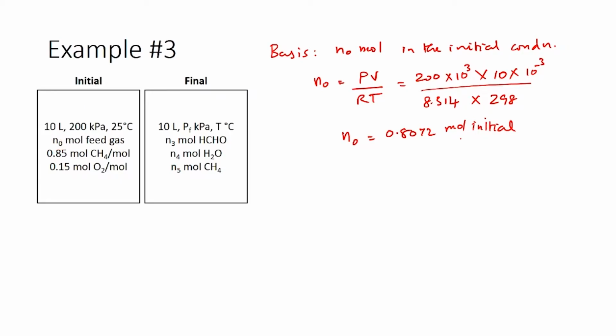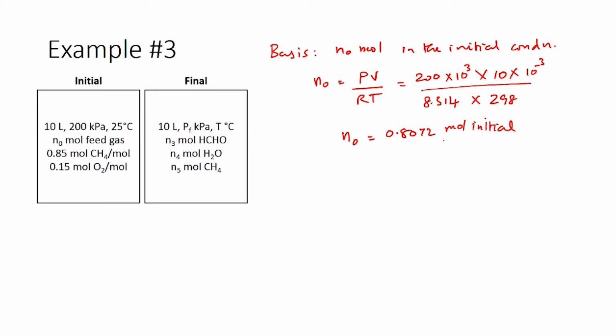Now, to identify the number of moles in the final condition, which is N3, N4 and N5, we need to know how much methane is consumed. Since we know that all of oxygen is consumed, we can use the stoichiometry to identify how many moles of methane would have been consumed. First, we need to identify the number of moles of methane and oxygen in the initial condition.